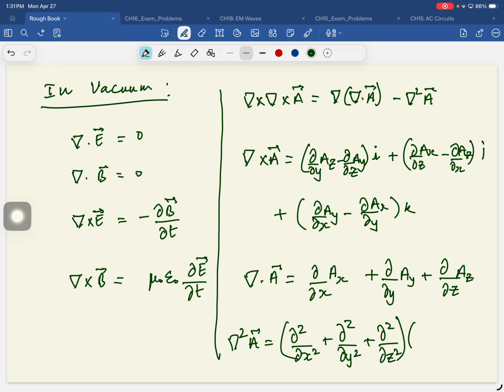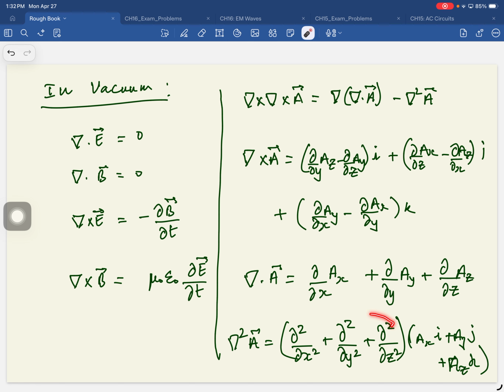So what we're going to do is hit this guy with a hammer. We took the curl of the left-hand side, so you have to take the curl of the right-hand side. So that's equal to the curl of minus del B by del t.